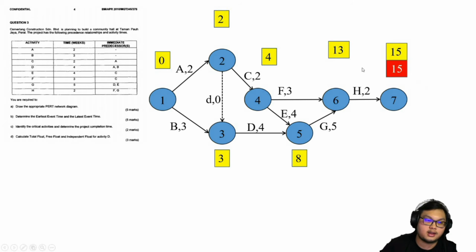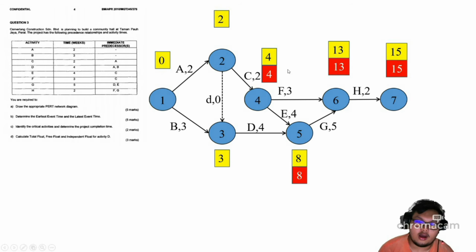And then for LET, from back here, 15 minus 2, so we have 13. And then 13 minus 5 to get the LET for event 5, 8. Okay, how do I get this 4? Because I take the smallest one. 13 minus 3 is 10. 8 minus 4 is 4. Okay, so 4 is the smallest one, so I take the 4. 8 minus 4, we get 4 for event 3.